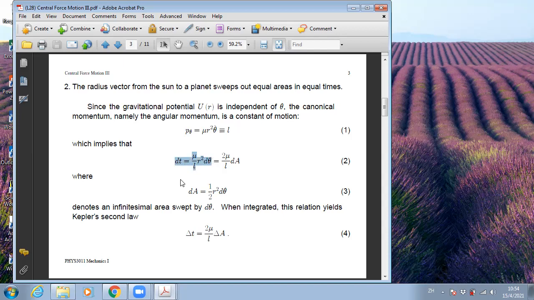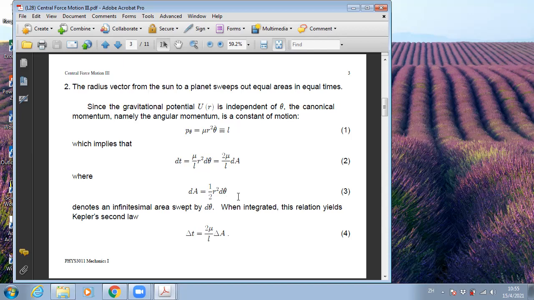So we have dt equal to mu divided by L times r squared times d theta. All right. Realizing that, or recalling that the infinitesimal area swept by this radius vector is equal to 1/2 r squared d theta. All right.